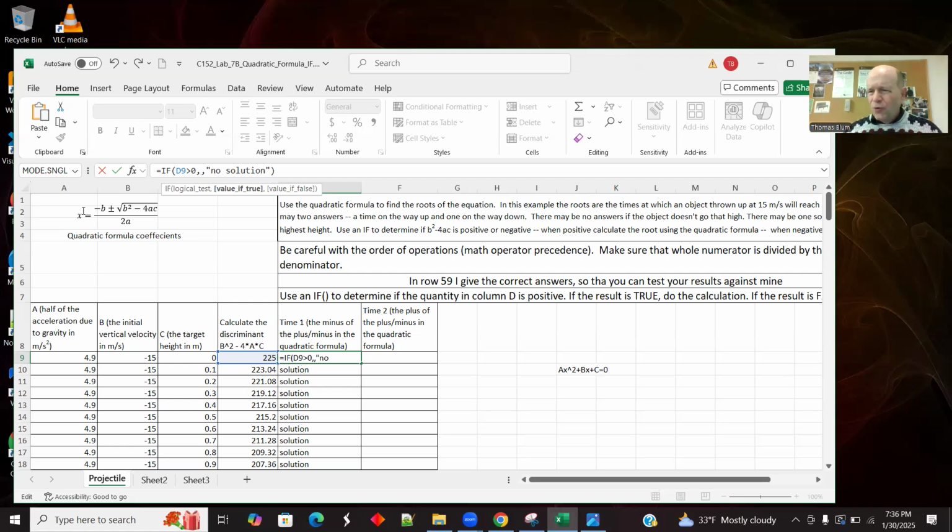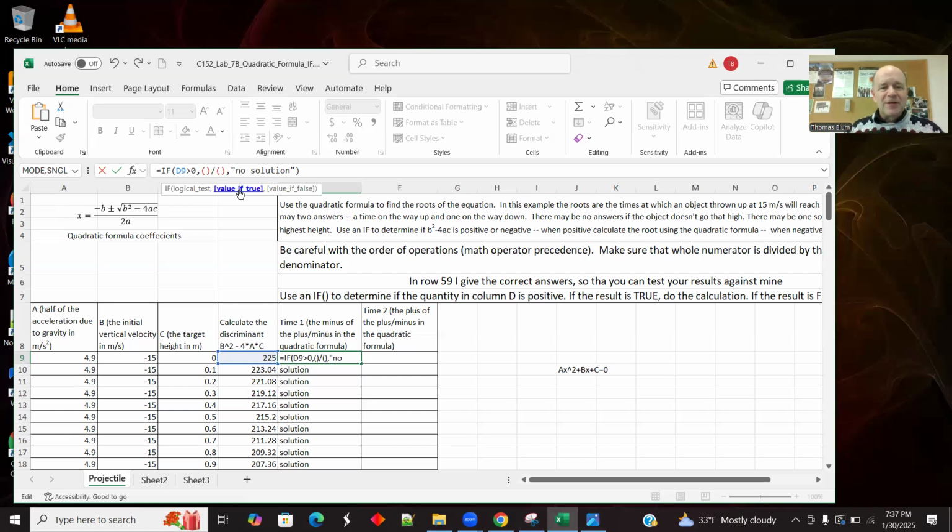And so it's the whole numerator divided by the whole fraction. And so what I want to do to make sure that I get this right is give myself a set of parentheses for the numerator, the slash for the division, and then another set of parentheses for the denominator. So it's the whole numerator divided by the whole denominator.